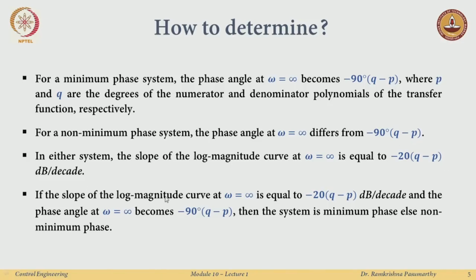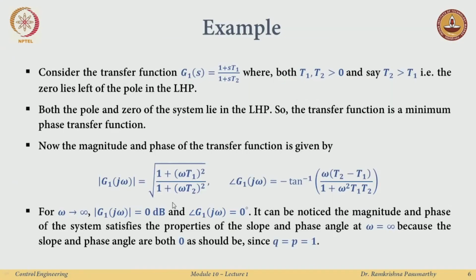And if the slope of the log magnitude curve is equal to minus 20 decibel per decade and the phase angle is again minus 90 (q minus p), then the system is minimum phase, else it is non-minimum phase. So, what uniquely determines whether it is minimum phase or non-minimum phase is this number, the phase angle minus 90 (q minus p).